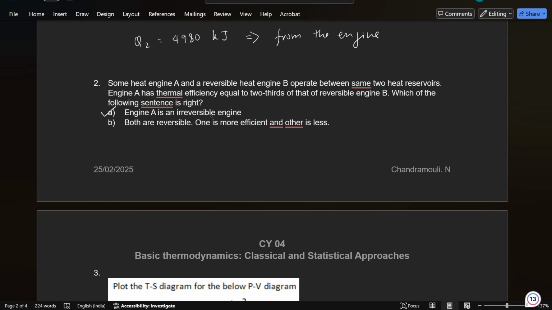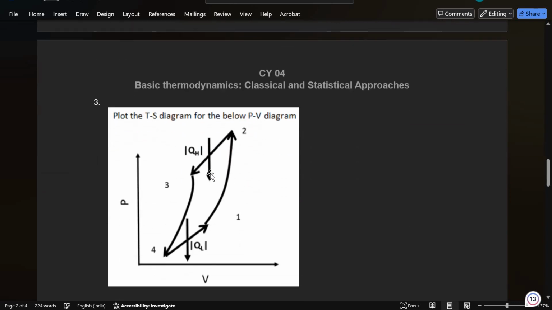Do you remember the statement that two reversible engines have the same efficiency? Yes, sir. Yeah, so you know this statement, right? Two reversible engines have the same efficiency. Yeah, it's from that statement. Your answer is correct. All right.